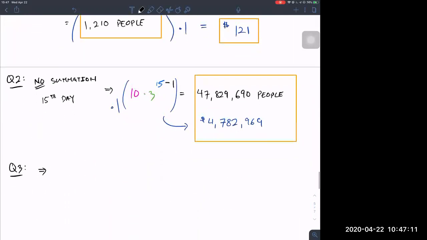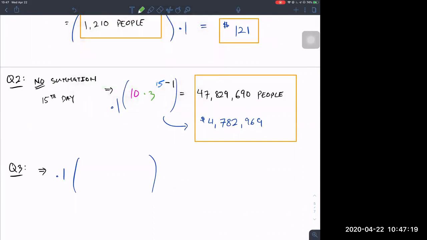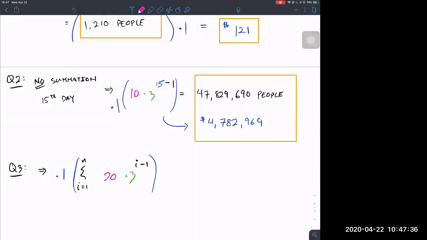And then now everything stays the same, right? 10 cents still, because I didn't tell you anything that changes of that matter. Your growth rate is still at 3, to the i minus 1, but now the summation says that you start at 20.